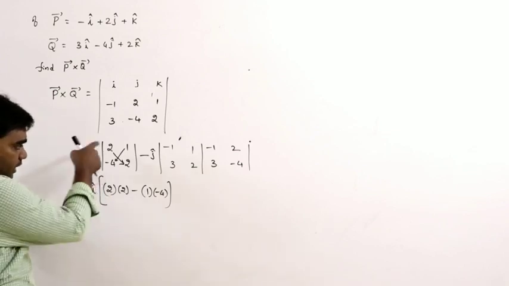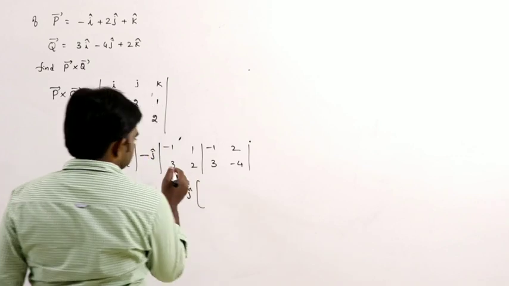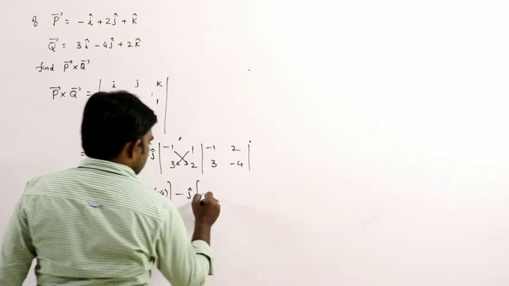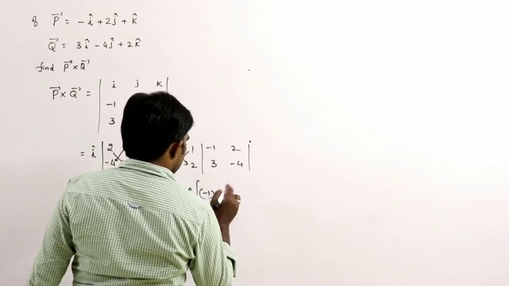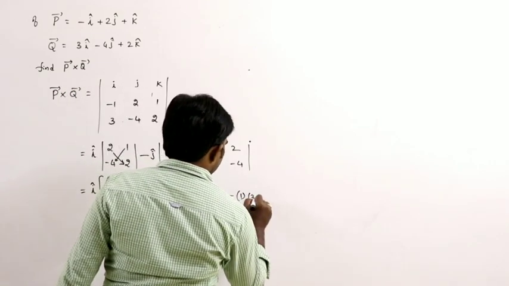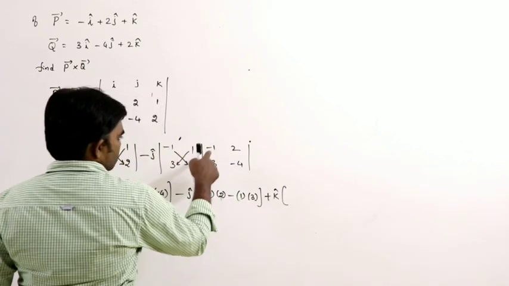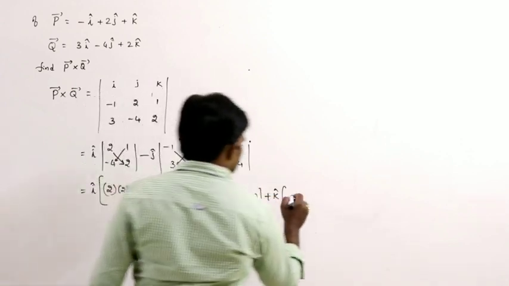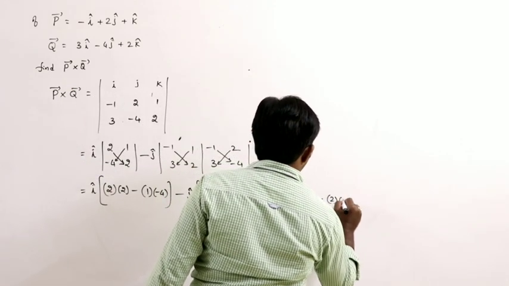Minus j into, here also AD minus BC: minus 1 into 2 minus 1 into 3. Plus k into, again here AD minus BC: minus 1 into minus 4 minus 2 into 3.